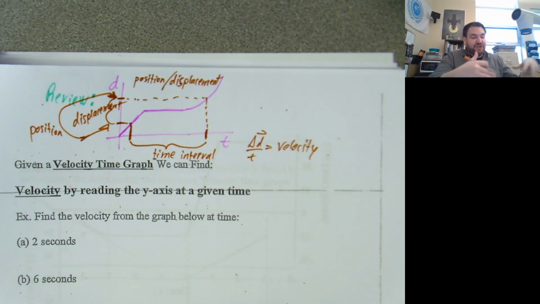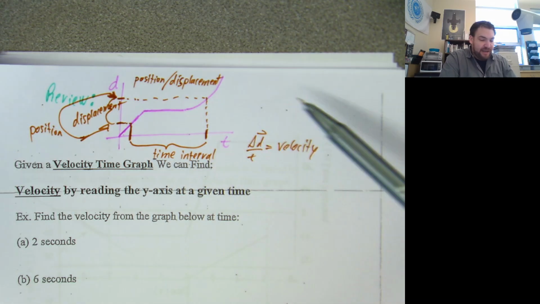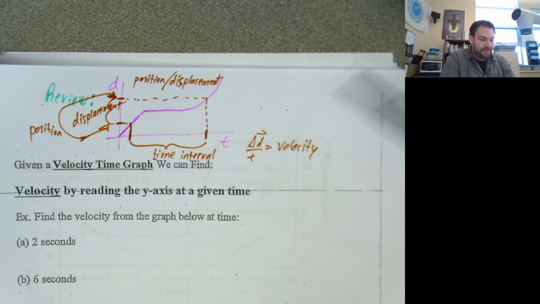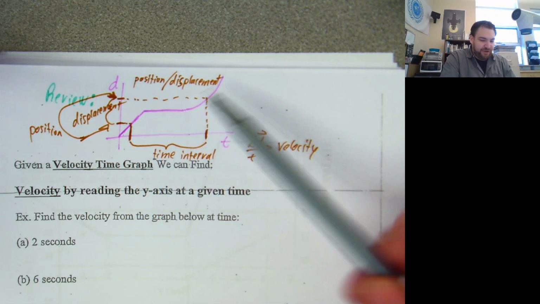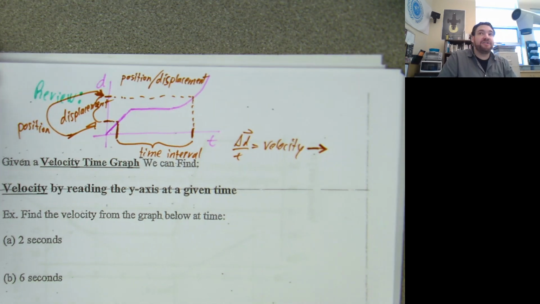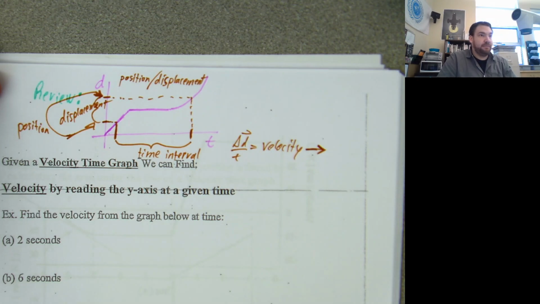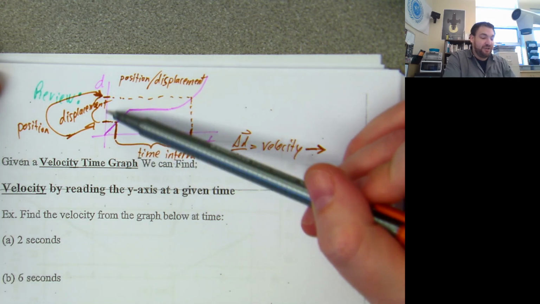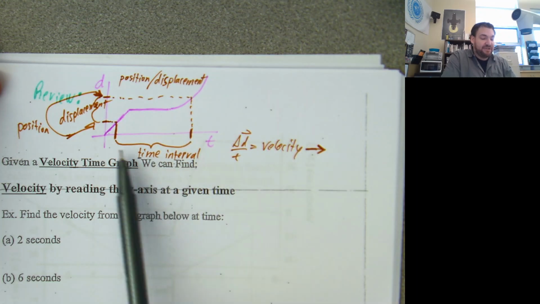And so for individual chunks of the graph, if velocity is equal to a change in position over time, or a displacement over time, this was related to what graphical concept that you learned about in grade 10 or grade 11 for some of you? Displacement is on the y-axis, time is on the x-axis.